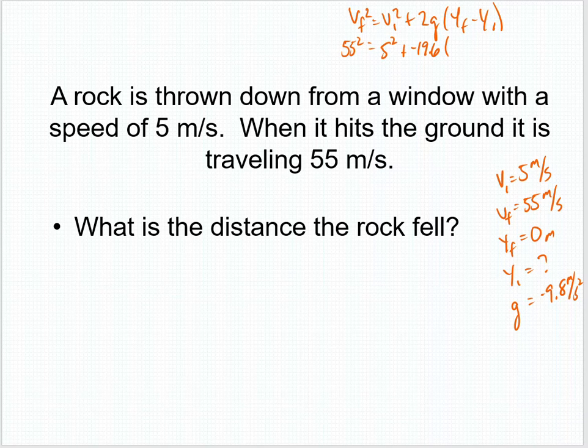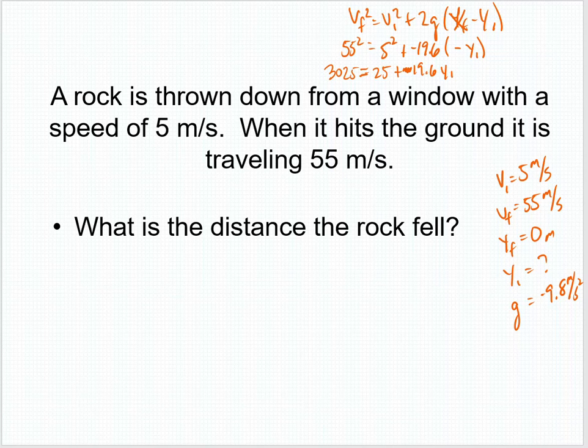Yf is 0, so I'm going to get rid of that, minus Yi, which is what I want, because 0 minus Yi is just negative Yi. From here now, I'm going to use my calculator and simplify some things. This gives me 3,025 equals 25 plus negative 19.6 times negative Yi, so my negatives are going to cancel out.